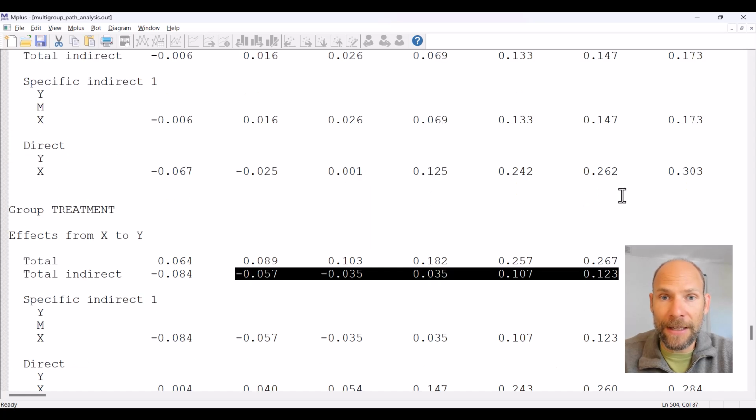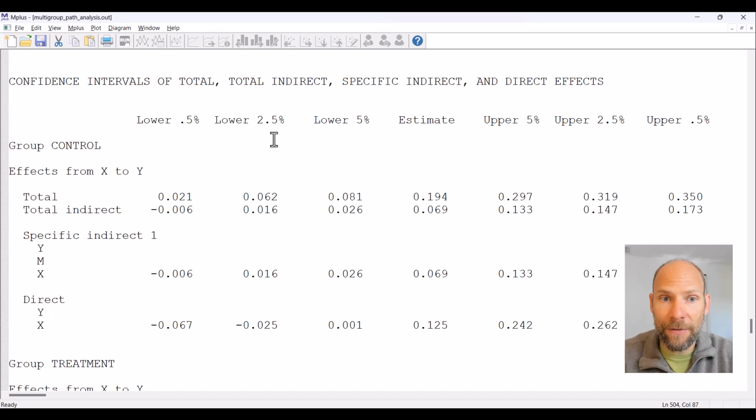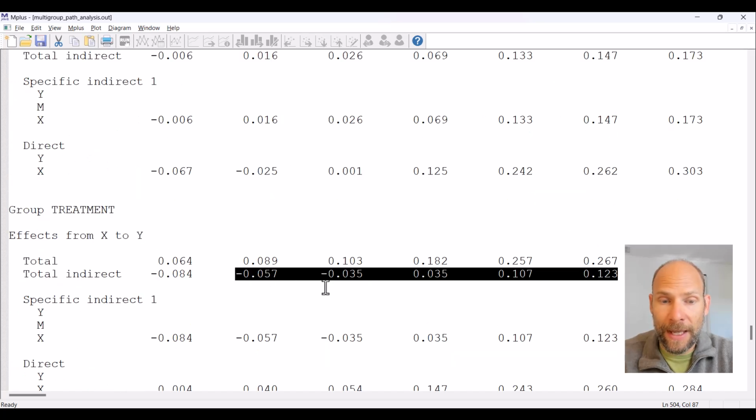Here again, we find the limits of the 95% confidence interval, and for the indirect effect, they range from negative 0.057 to positive 0.123. So this effect is not statistically significant in the treatment group, even at the 5% alpha level. So there's no significant indirect effect here in the treatment group, but there is a significant indirect effect in the control group. That would be our conclusion.